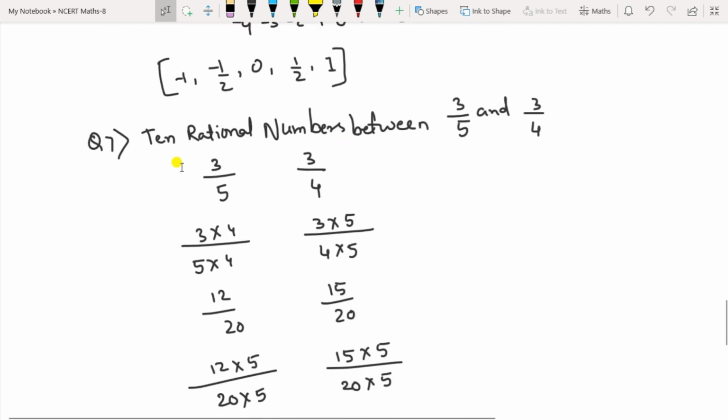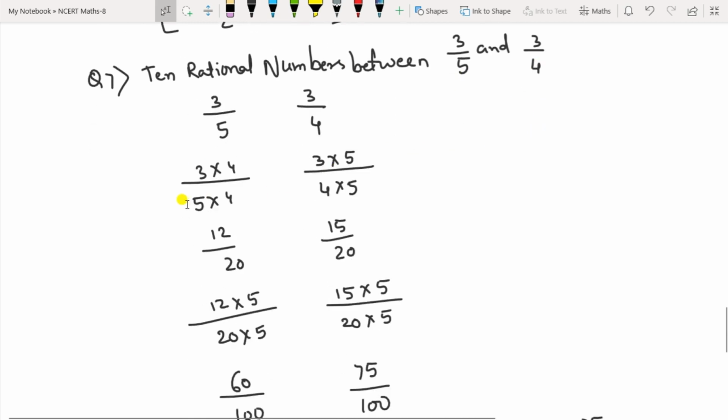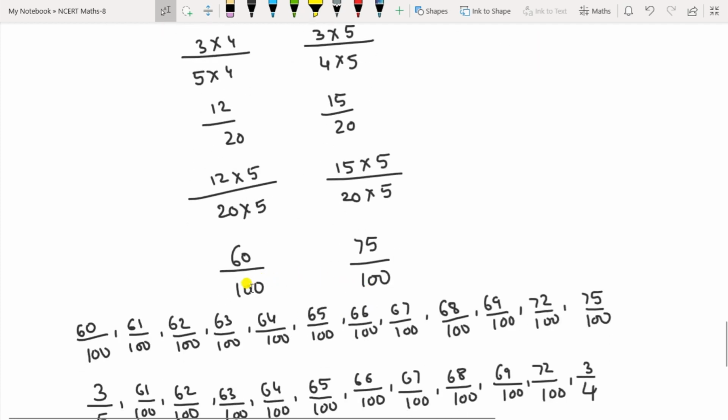Question 7 is find 10 rational numbers between 3 by 5 and 3 by 4. The same thing as we did before: 5 and 4, take the LCM and solve, and you get the denominator as 20. And again for 12 and 15 there are not enough numbers between them, so again multiply with some number. I have multiplied here with 5 and here also with 5, on both sides.